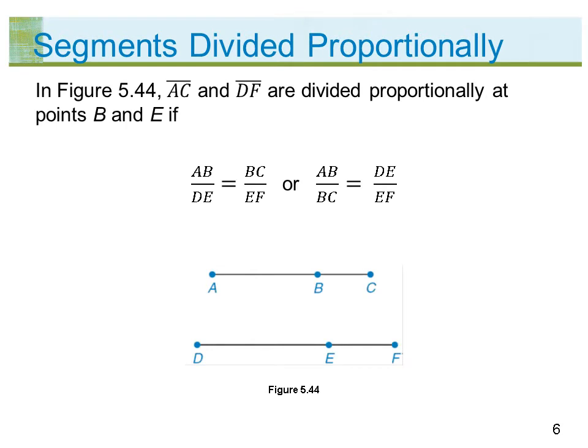In figure 5.44, segment AC and segment DF are divided proportionally at points B and E if length AB divided by length DE equals length BC divided by length EF, or length AB divided by length BC equals length DE divided by length EF.